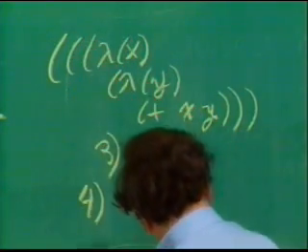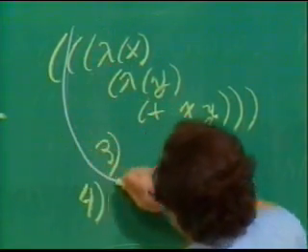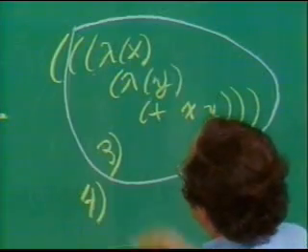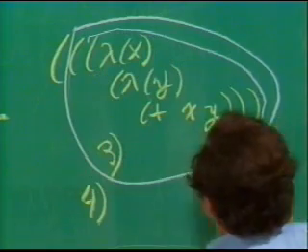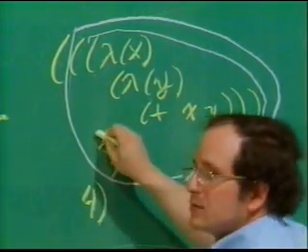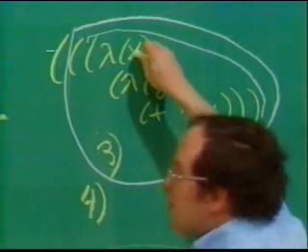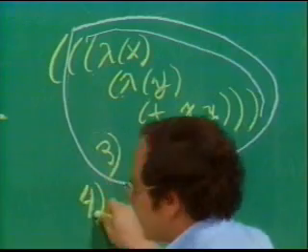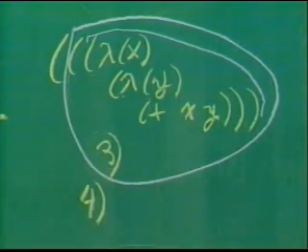Let me get a white piece of chalk. Here is an application, a combination. That combination has this as the operator and this as the operand. The 3 is going in for the x here. The result of this is a procedure of one argument y, which gets applied to 4. Okay? So you just weren't reading the expression right.